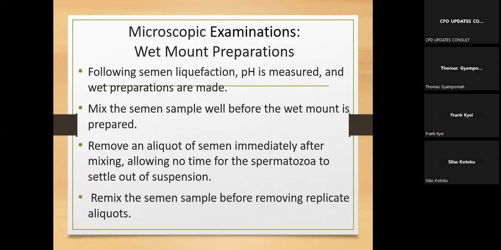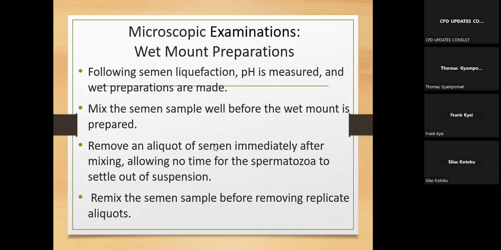So to make that kind of standardization and uniformity, you have to remix before you take a duplicate aliquot. I hope that point is clear. What I mean is that you mix it, you take a drop, then you want to repeat. In repeating, don't assume that you have already mixed, because that small element of time will cause some of the cells to settle, and that will give you a different result compared to the previous slide that we did. All right.